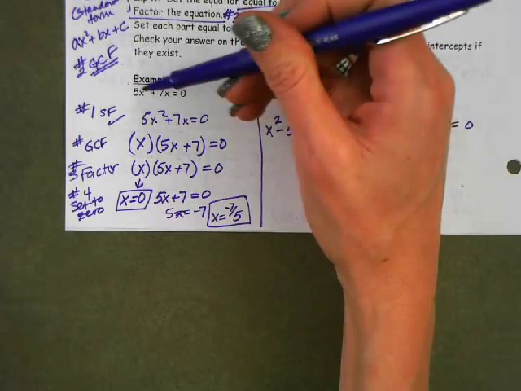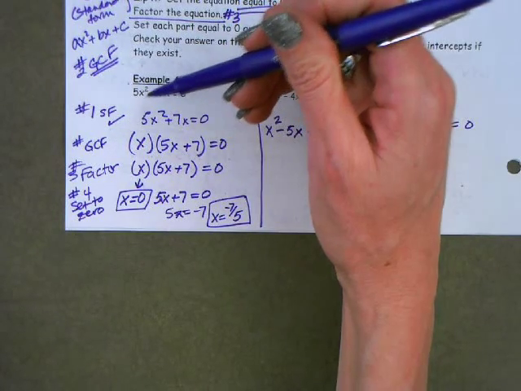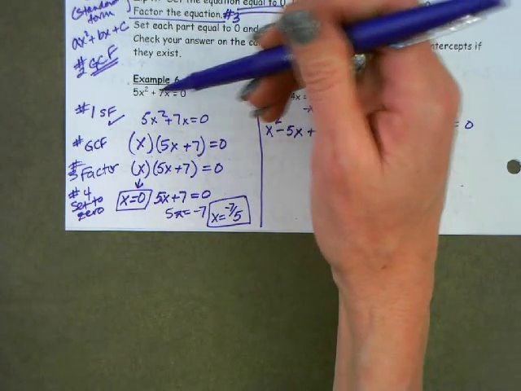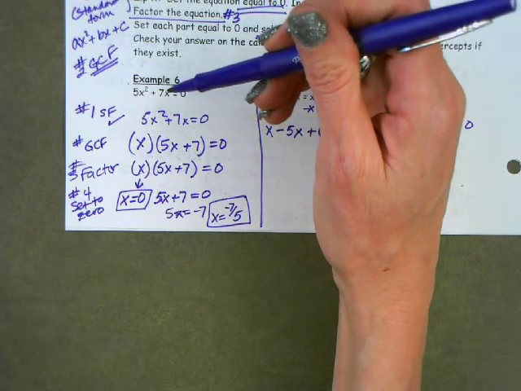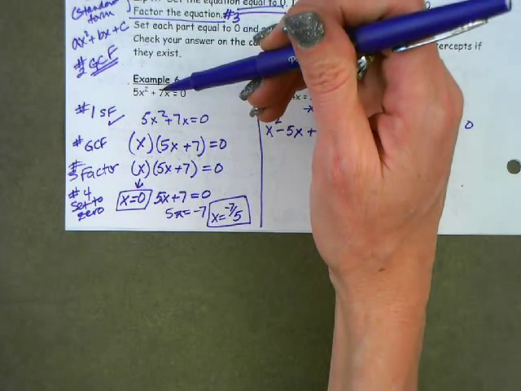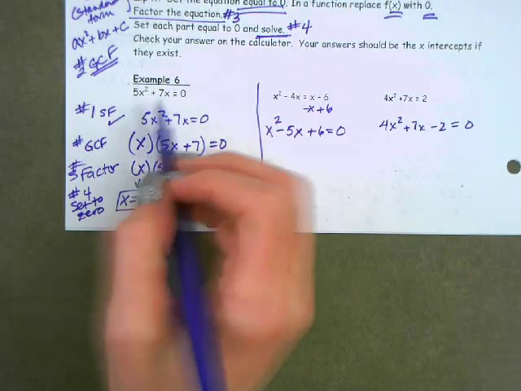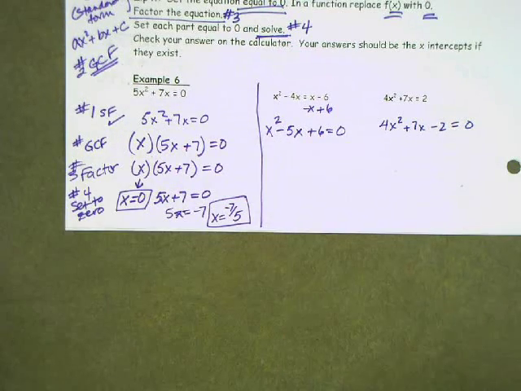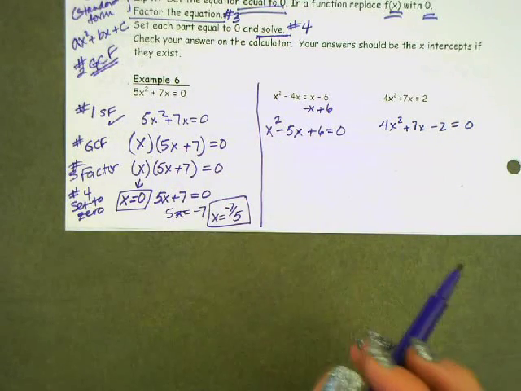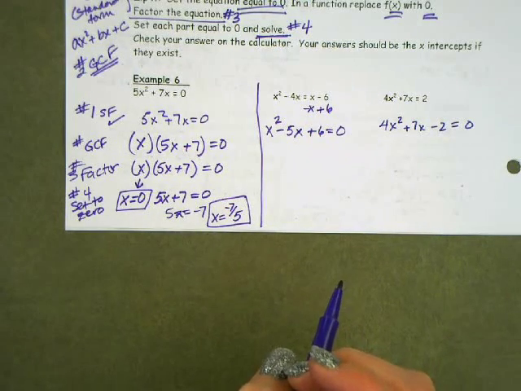You have negative 49 over 25 times 5. And here you're going to have 7 times a negative 7 over 5. So that's actually going to cancel itself out. Okay. So then you're going to get 0 equals 0 on that side as well. Okay. So these will cancel themselves out. Questions on that? Okay. Ready to move on?